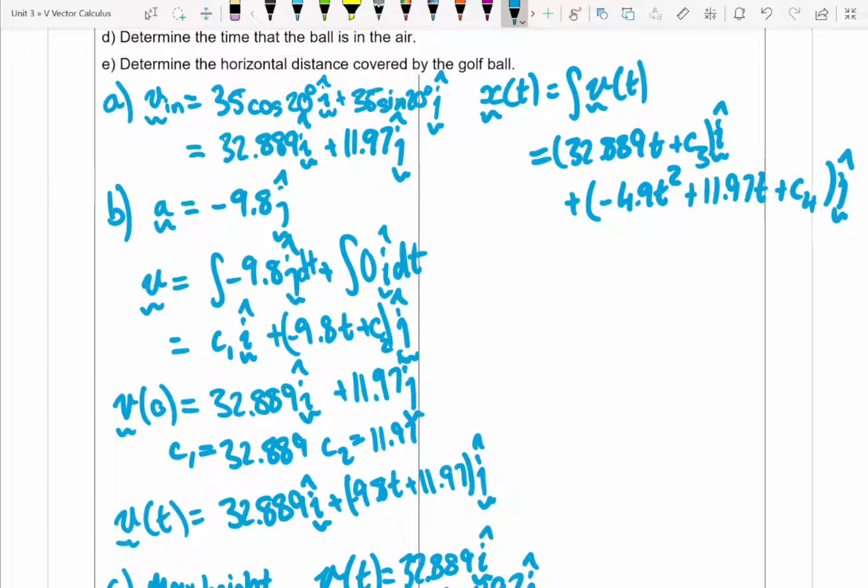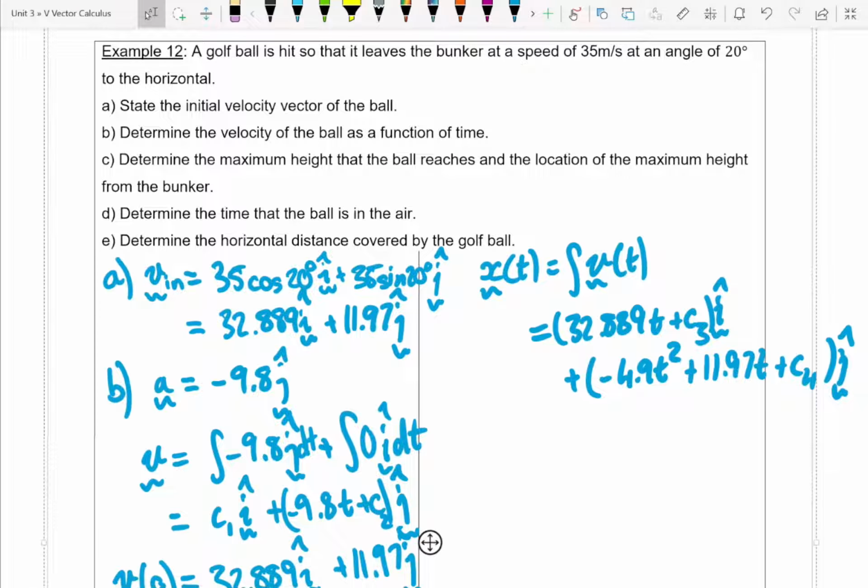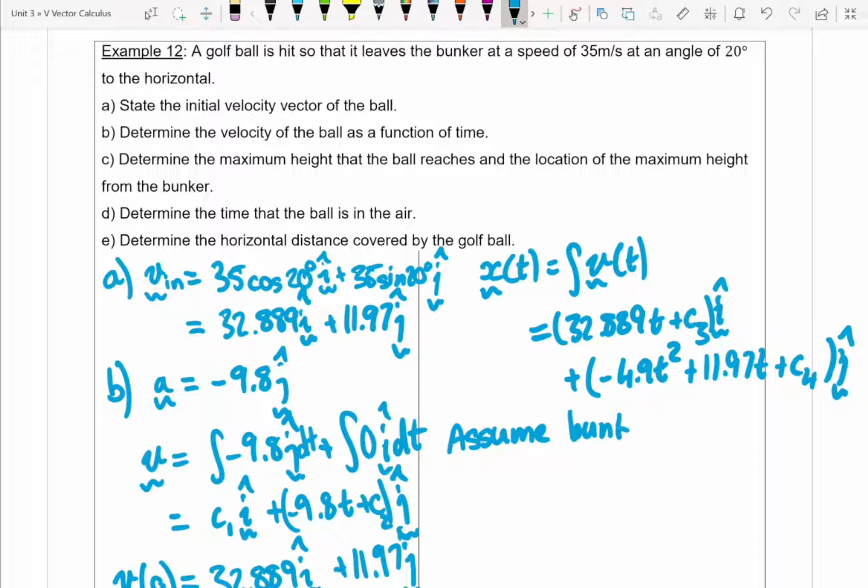And so we're assuming that the bunker is our origin. So assume bunker is x of t equal to 0 when t equals 0. So therefore, these components go to 0, so c3 equals c4 equals 0.